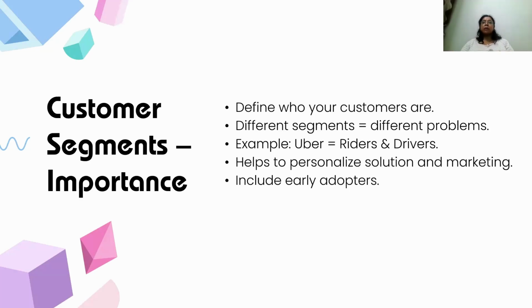Another strategy will be for the riders, to ride through Uber to get a better ride, to reach safely, or something like that. So the approach for different customer segments is going to be different. Understand one thing: for a solution, if you have two or more customer segments, you have to build the lean model canvas for the different customer segments differently. Are you with me?